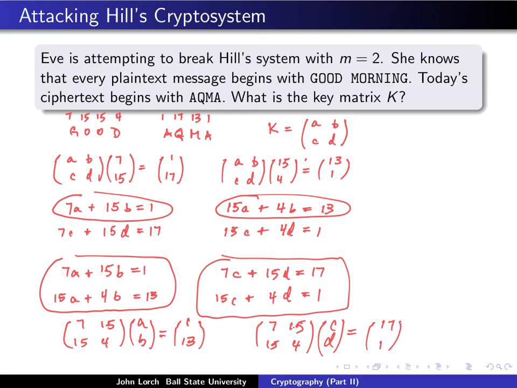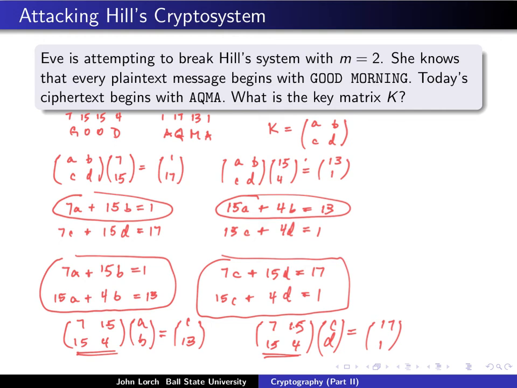Okay, so notice in both of these equations that the square matrix on the left is the same. And if we can find the inverse of that square matrix over F29, then all we would have to do is take both of these equations and multiply on the left by the inverse of the matrix 7, 15, 15, 4, and that would tell us precisely what A and B are and what C and D are.